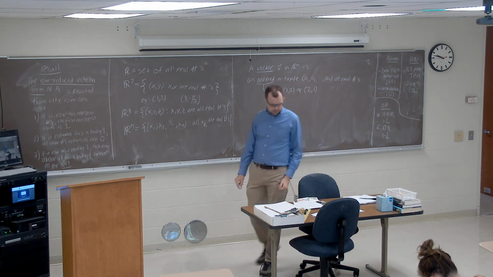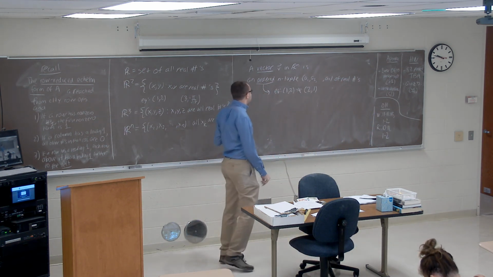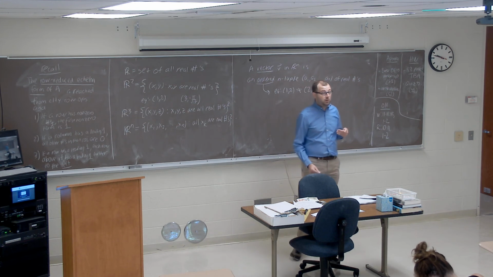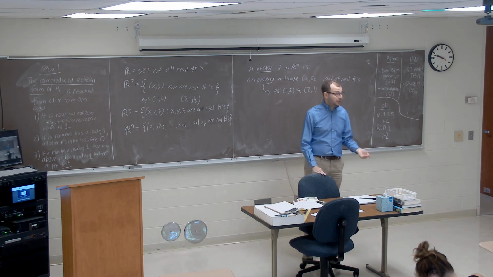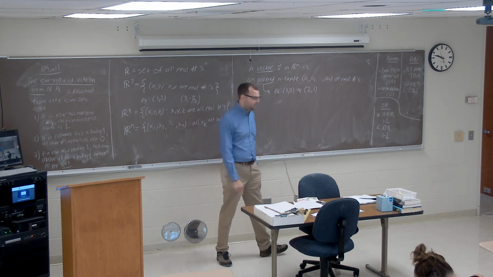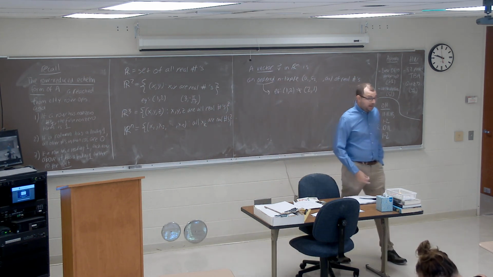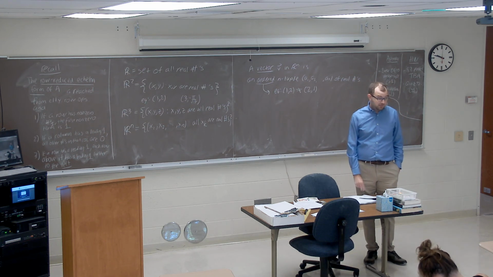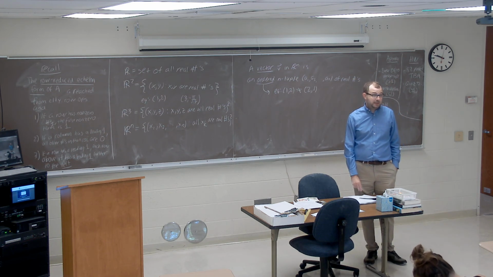So the collection of all these vectors is what we're going to be calling Rn, and an individual thing living inside of Rn is going to be called a vector in it, for the purposes of this class. And vectors and matrices, going forward, are going to be everything that we do in this class.